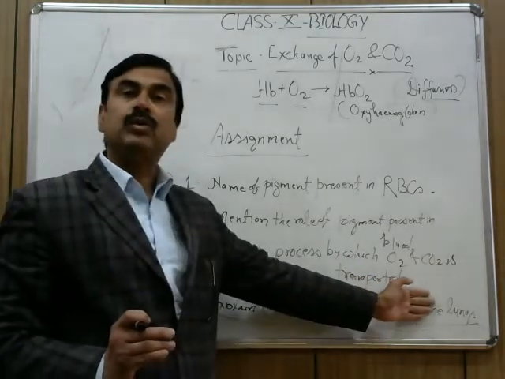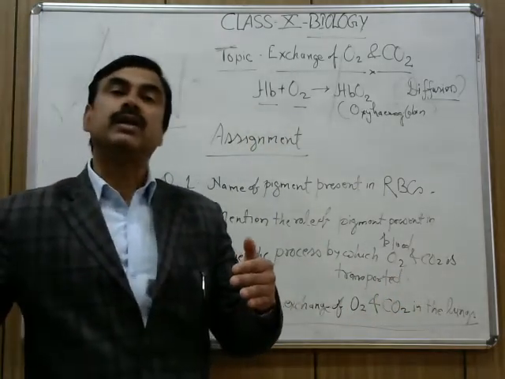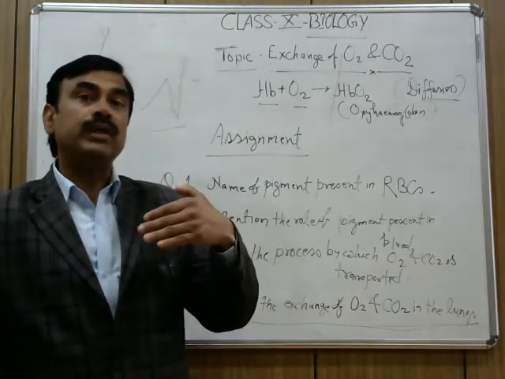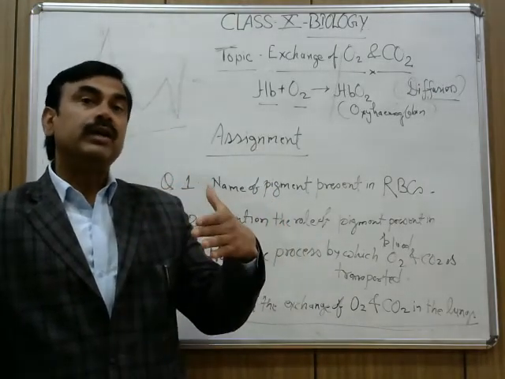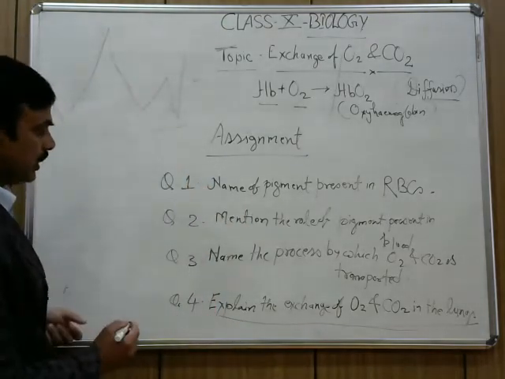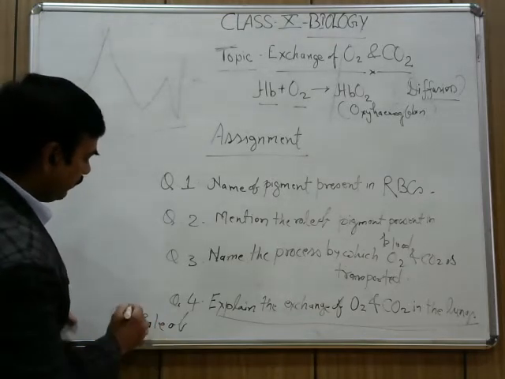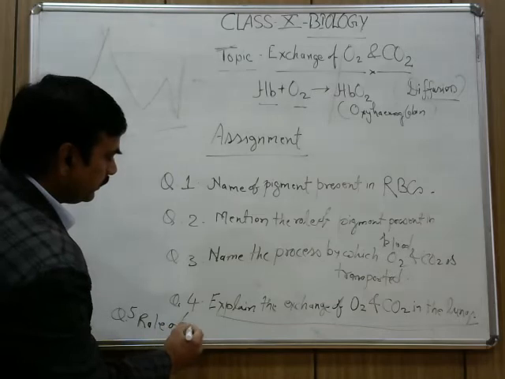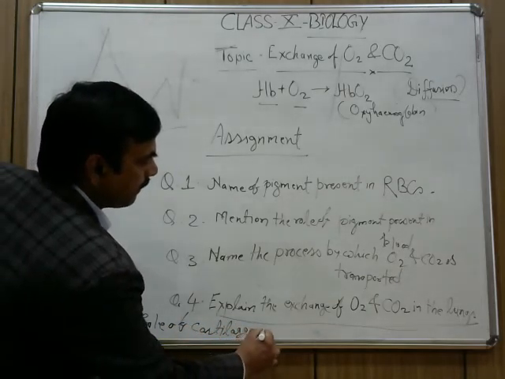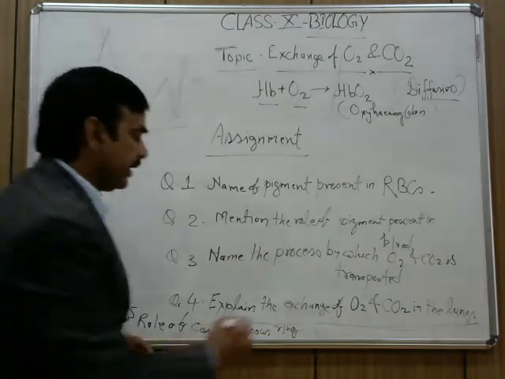Explain the O2 and CO2 process, explain the human respiratory system, the entire human respiratory system you have to explain. Role of hemoglobin, role of cartilaginous rings. You can also add one more question: role of cartilaginous rings in the trachea.